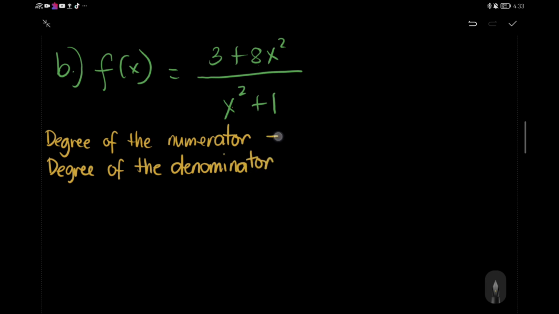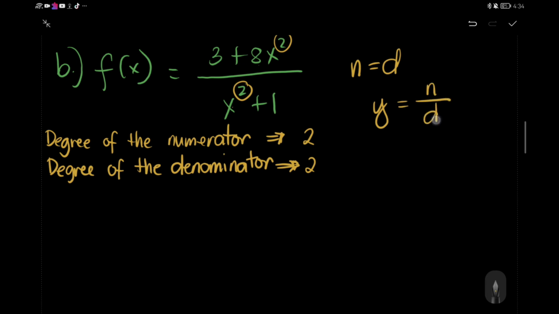In the numerator, the degree is 2 and in the denominator also 2. Now, the rule in finding the horizontal asymptote, if the degree of the numerator is equal to the degree of the denominator, we need to follow the formula given, that is y is equal to numerator divided by the denominator.